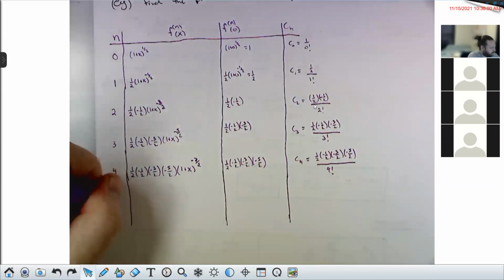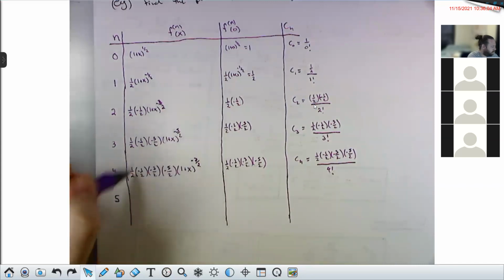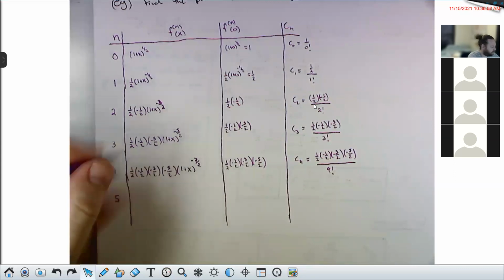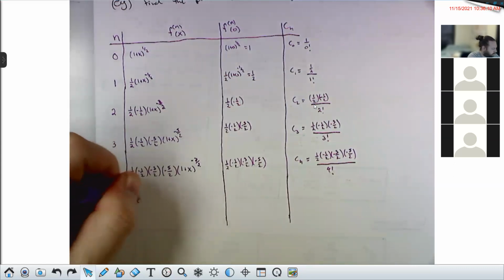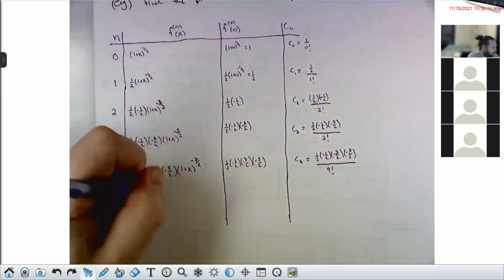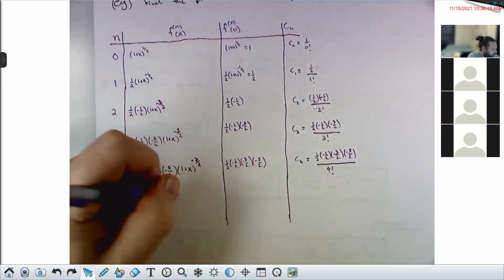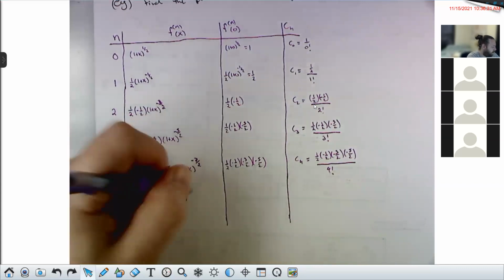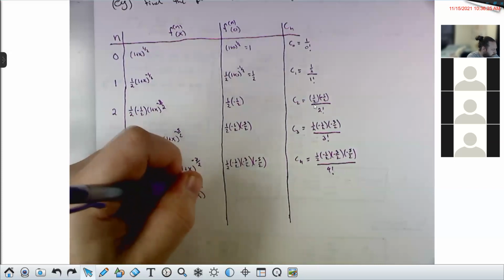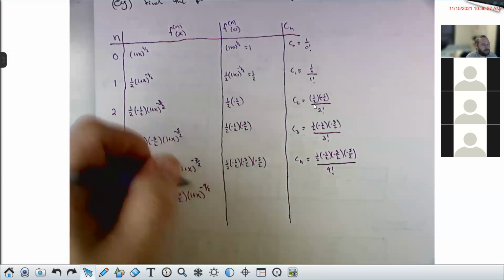When n is 5. Differentiating this apparatus again, all these constants come along. I'm really just differentiating this piece. You get 1/2, negative 1/2, negative 3/2, negative 5/2. The negative 7/2 comes down. And what's left is 1 plus x to the negative 7/2 minus 1, which is negative 9/2.